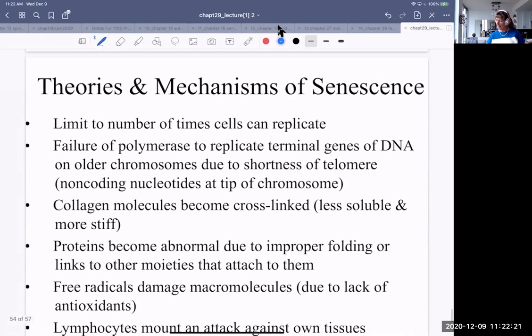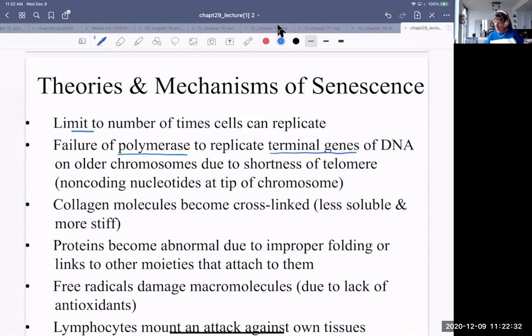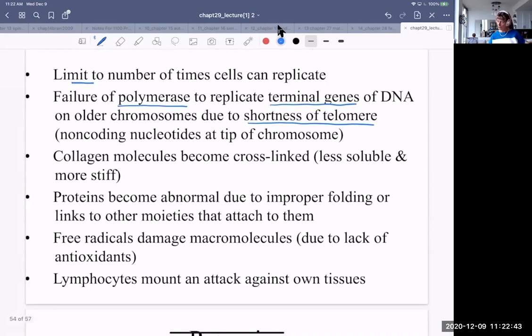So the theories of senescence: there's a limit to the number of times cells can replicate. The polymerase that replicates DNA cannot copy the terminal ends of DNA in older chromosomes, due to the shortness of the telomeres. They get shorter and shorter. Those are non-coding nucleotides, but they tend to get shorter over time. Collagen molecules become cross-linked, so they're less soluble and stiffer.